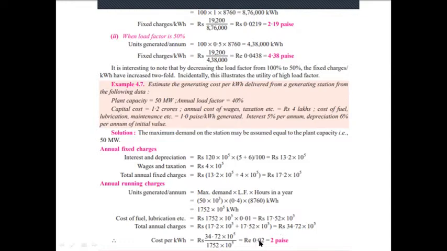You will get rupees 0.02. Since it is a very small amount, you convert into paise. So 0.02 rupees, or 0.02 into 100, that is 2 paise. So this is how you have to solve this problem. So we have calculated the cost per kilowatt hour.